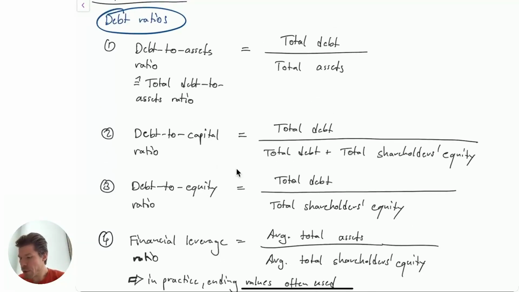Debt to assets ratio, sometimes called total debt to asset ratio, is total debt to total assets. Whenever I talk about total debt, I mean interest-bearing short-term and long-term debt. So whenever there's interest involved, we include this into debt. Total debt, very important.